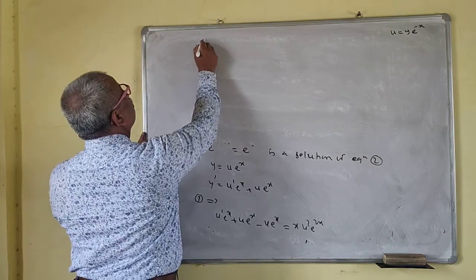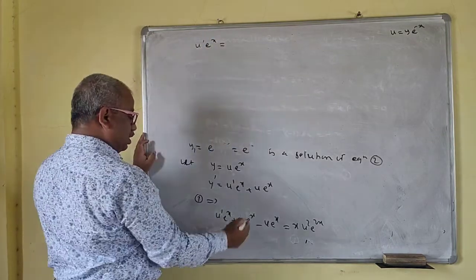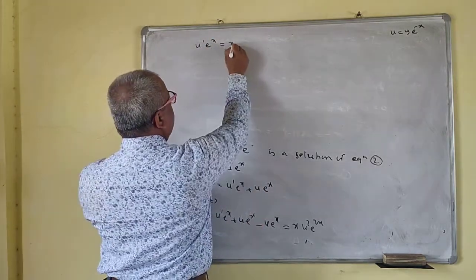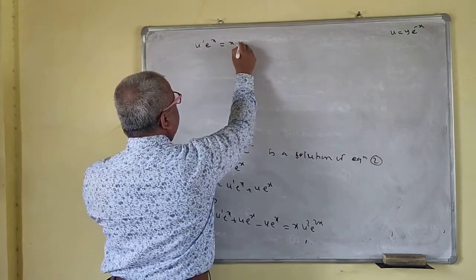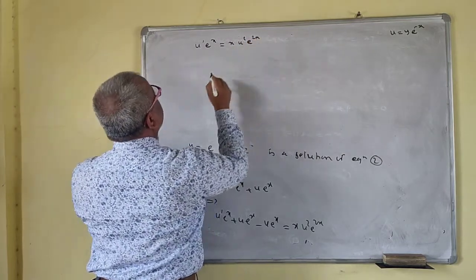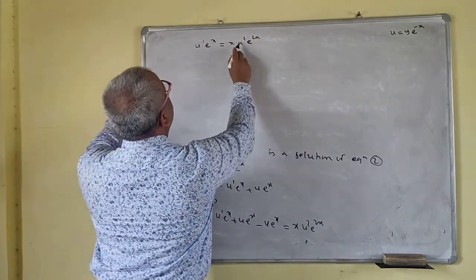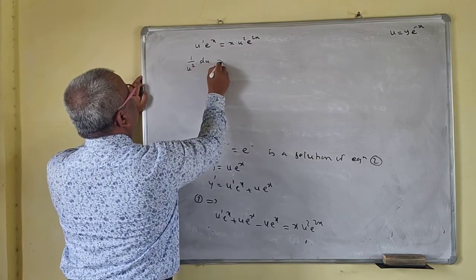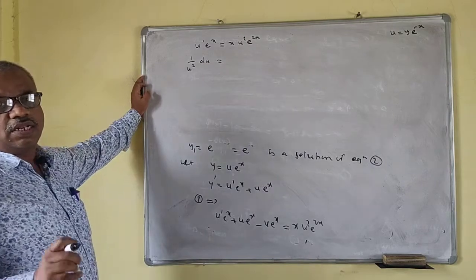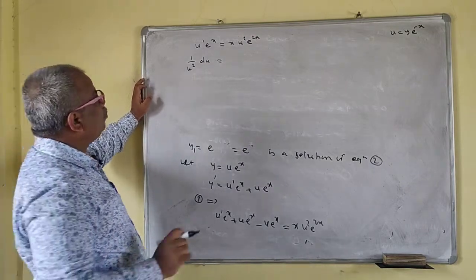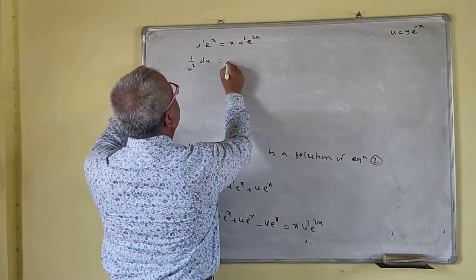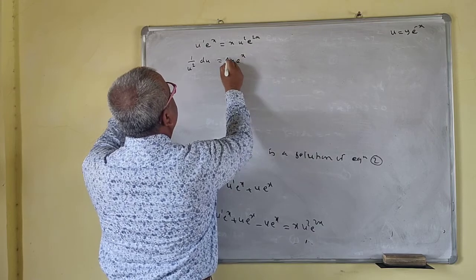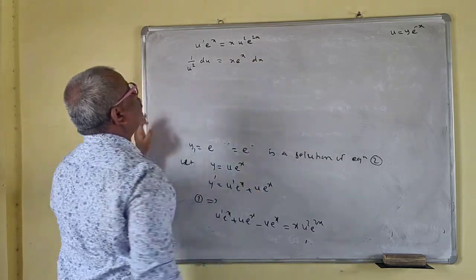U prime e raised to x is equal to, this gets cancelled, see that, x u square e raised to twice x. Okay, so what I will do? I will shift this u square here. 1 by u square du, because u prime is nothing but du by dx. This e raised to x gets cancelled. So this is e raised to x dx now.